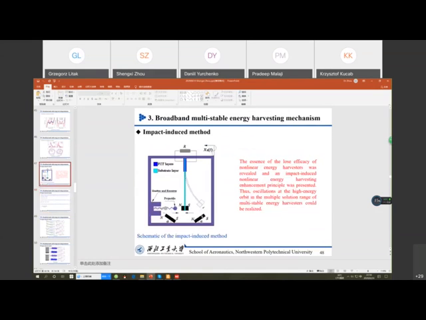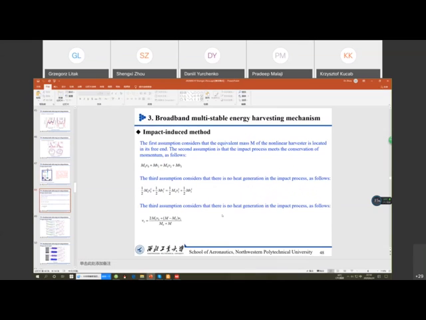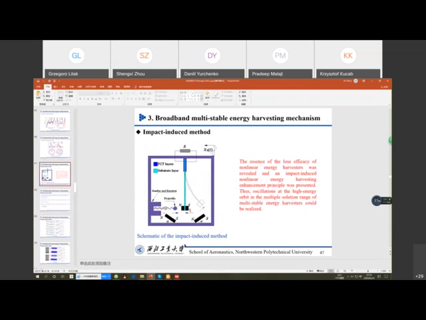If we want to exactly control the impact method, first we should have a very good model of the harvester and also a model that includes the impact, and then we can find which conditions are suitable and make a very exact control of the impact. If we realize it in the real world, it will be very difficult.